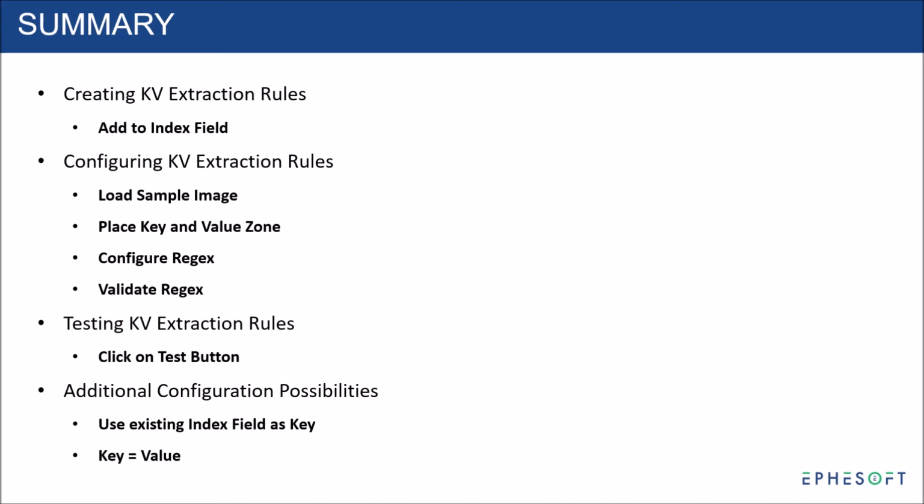You have taken a look at how to configure them, first by loading sample images, placing your key and your value zone on this image, by configuring the regular expression related to key and to value, and by validating this regular expression. Testing key value extraction rules was done by clicking on the test button and verifying the test results from the test result list.